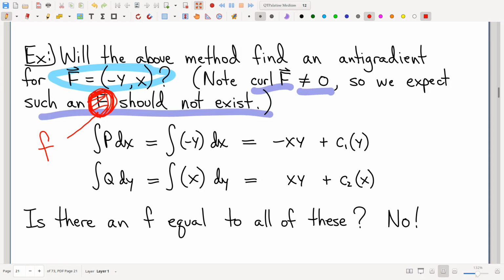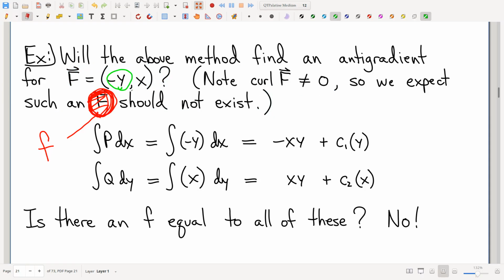Let's try to find one. Let's see how we will fail to find the thing that doesn't exist. And we play the usual game. Let's get back into highlighter mode. We take the x anti-partial of the first coordinate. We take the y anti-partial of the second component. And of course we get this.